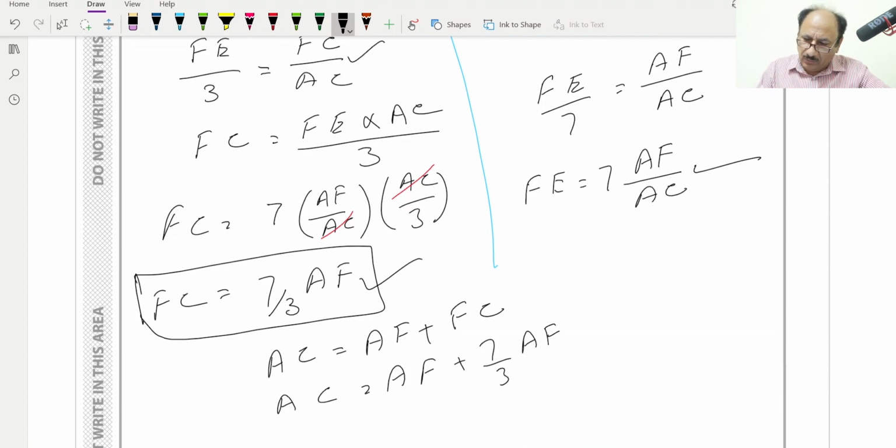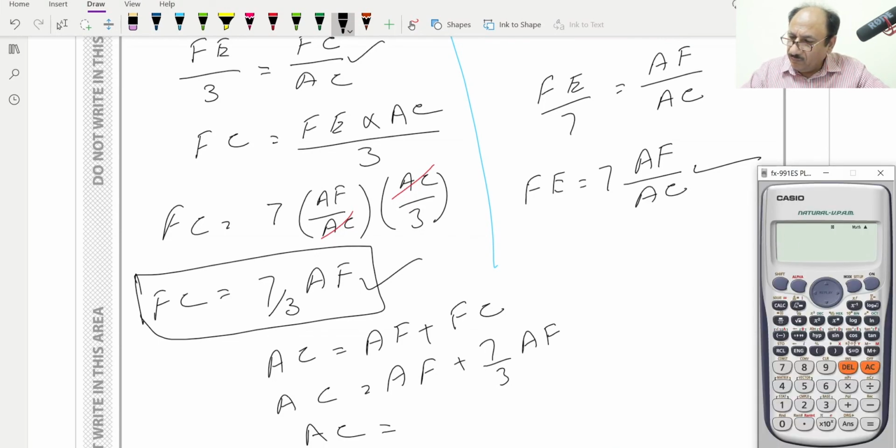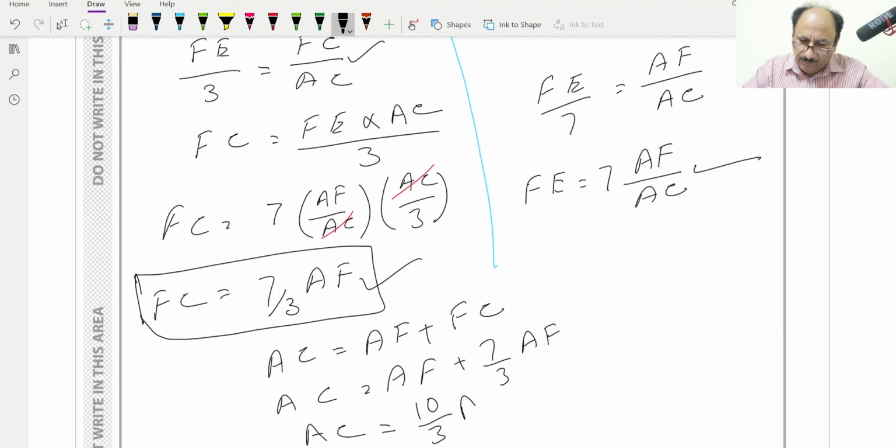Now we can write AC is equal to 1 plus 7 by 3, and 1 plus 7 over 3 will be equal to 10 by 3, so we can write 10 over 3 AF.